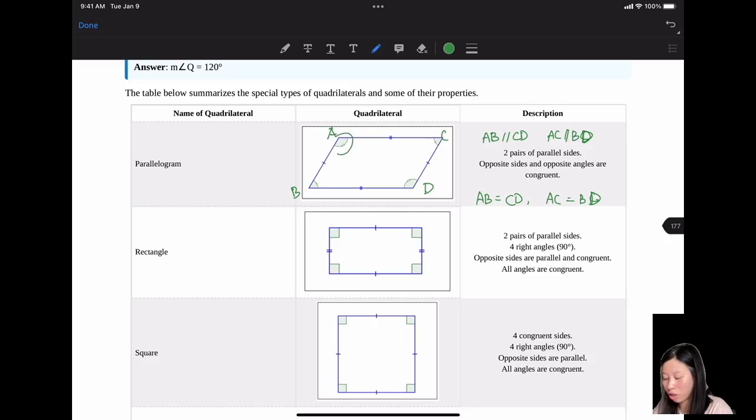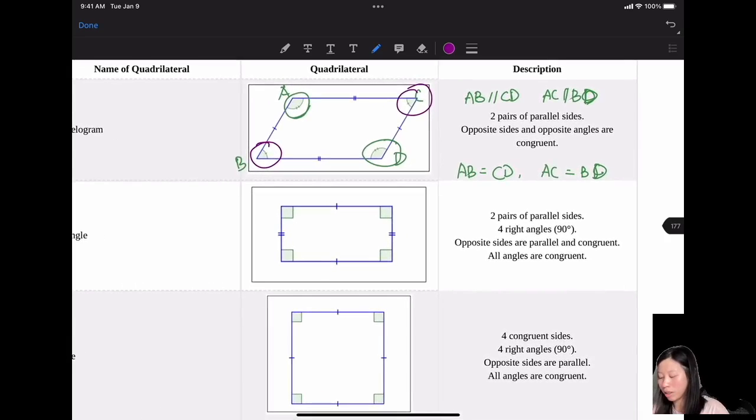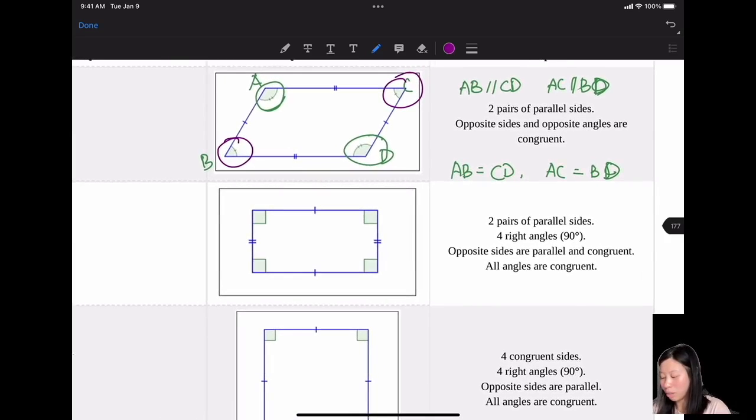Also, with the hash marks, we know that these two angles are equal, and the other opposite pair of angles are also equal. This is a parallelogram. And then the rectangle, which is something we might be really familiar with. A rectangle has two pairs of parallel sides, similar to a parallelogram, and four right angles.